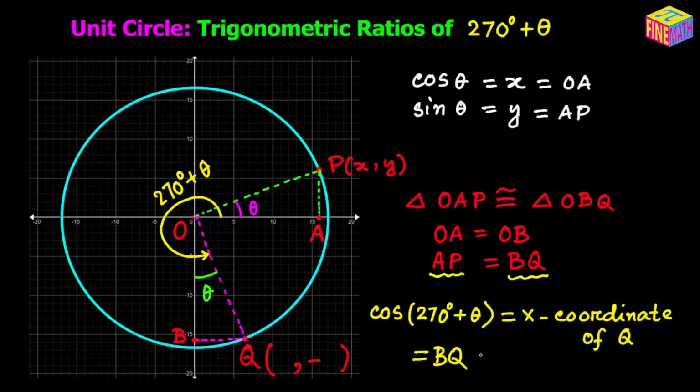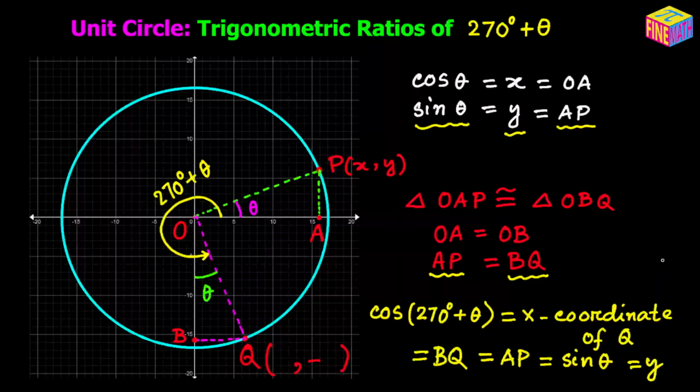So can we say that okay, this is definitely equal to AP, and also you can see that AP is actually nothing but sine of theta, or even y. AP is equal to sine of theta, which is also equal to y. So can we say okay, this must be equal to sine of theta, and also this is equal to y. So now we have found the value of cosine of 270 degree plus theta in terms of the trigonometric ratio of our acute angle theta, and that is equal to sine of theta.